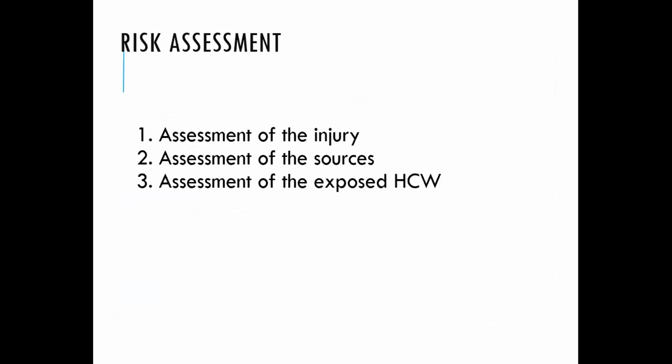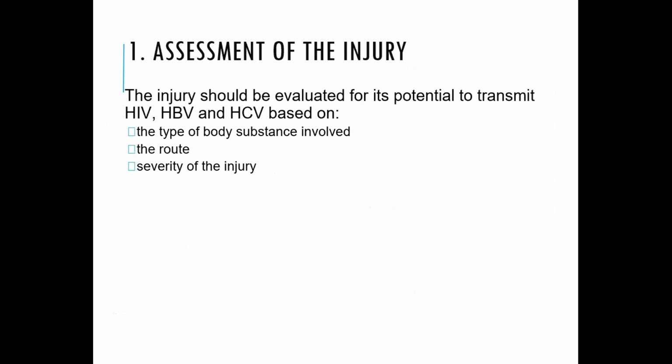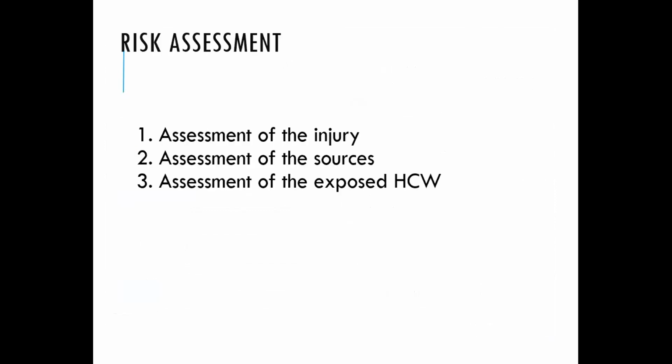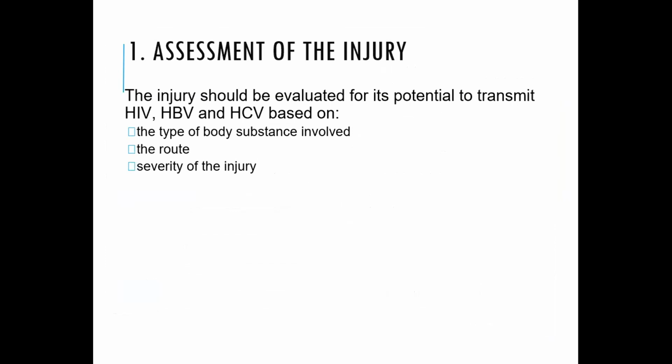Next, we need to know the risk assessment based on the 3 criteria. One is the assessment of injury, the second is assessment of source, and the third is assessment of the exposed healthcare worker. The assessment of the injury usually needs to evaluate its potential to transmit HIV, hepatitis B, and hepatitis C virus based on the type of body substance involved, the route, and the severity of the injury.